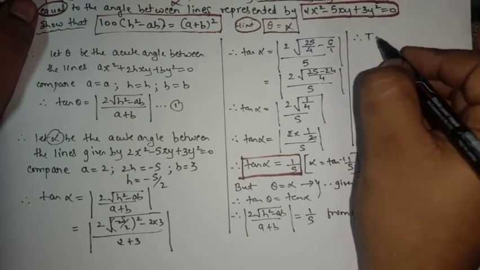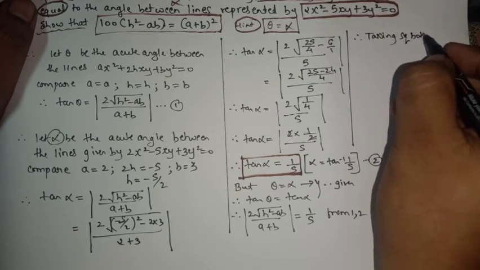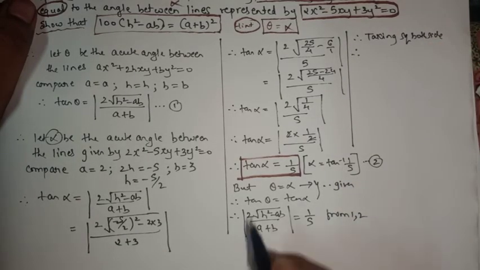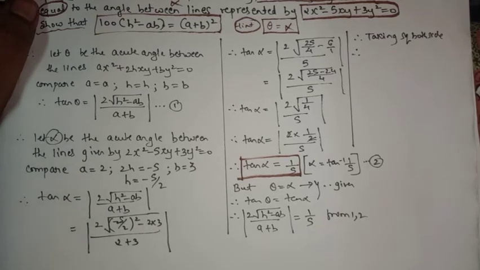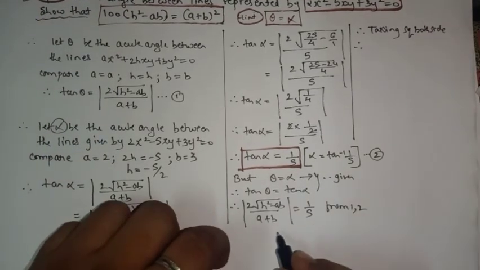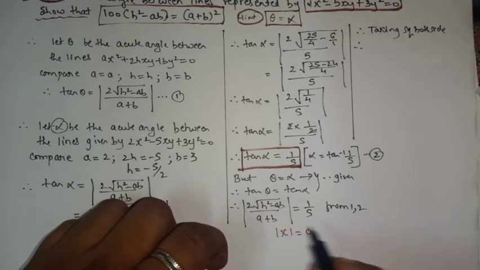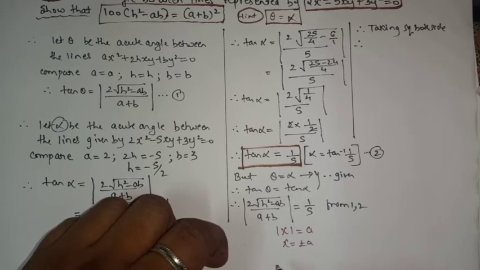So here I will write, taking square on both the side. As per the rule, we know the concept of mod. Suppose we take this part as x and this part as a. When you remove this mod, you will get x equals to plus minus a. You will get two answers.